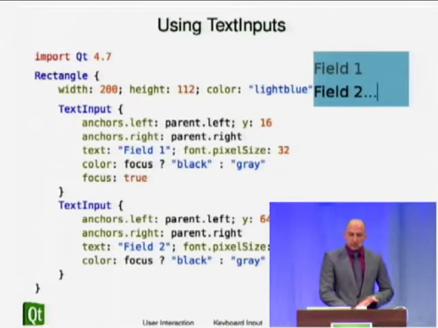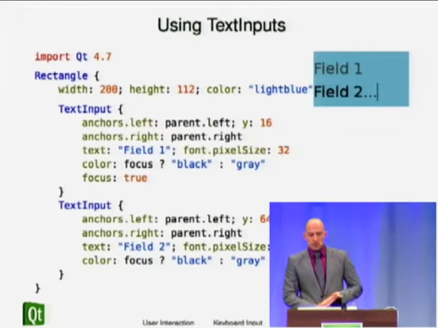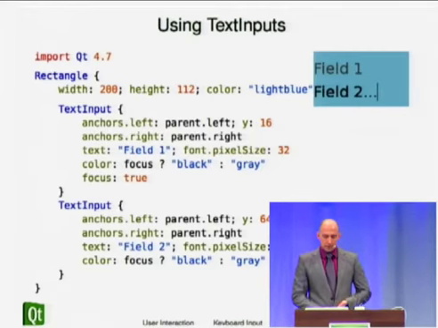So looking at this example, our light blue rectangle now has two text inputs. The first one is left aligned relative to the parent, and at position 16 in vertical space. And the right is also aligned to the parent, which means we've now stretched this thing to be the width of the parent, right? In this case, we're using two anchors, both the left and the right.